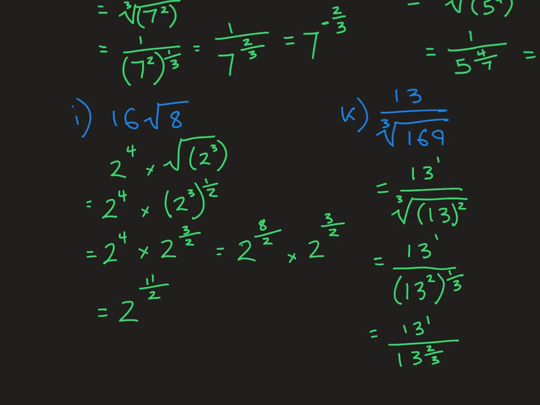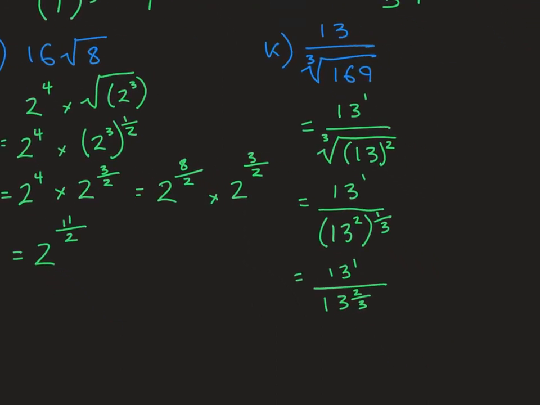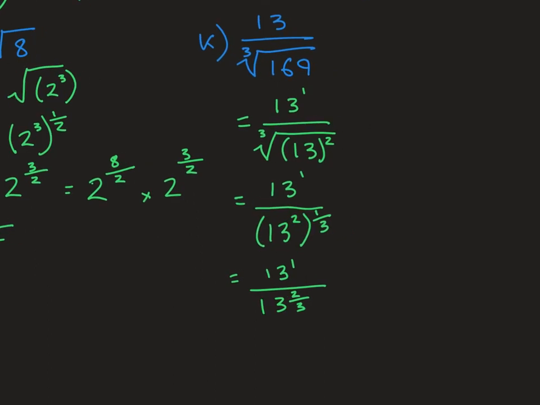Okay, so now what we're going to do is, we know that when we've got two numbers divided by each other with the same base, I'll give myself some more room here, that we take away the index numbers. So this is where we have to convert 1 into thirds again. So what that's going to equal is 13 to the power of 3/3, because that's the same as writing 13 to the power of 1.